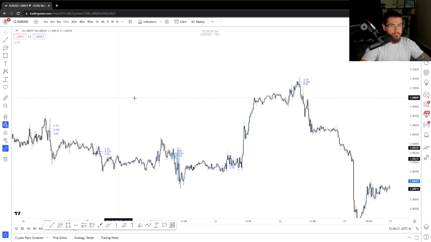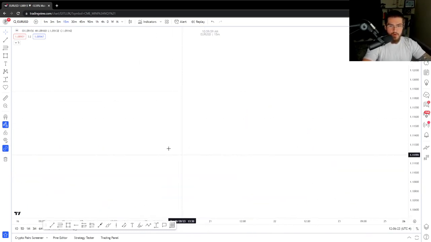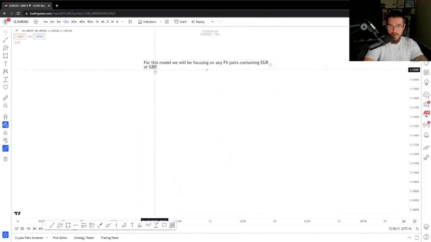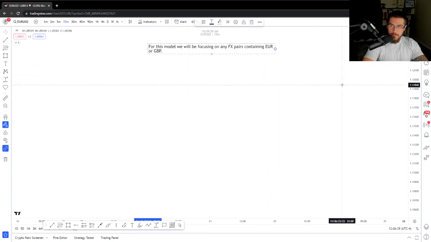So, for example, the first model we'll go over is the one in the London session, and you would want to be focusing on any forex pairs that contain euro or the pound, right? We could use literally anything that has that in the pair at all, right? So that's a lot of pairs. You don't really need much more than that. I mean, that's going to give you pretty much most of the pairs that most people trade anyways. I think have one of these in them.